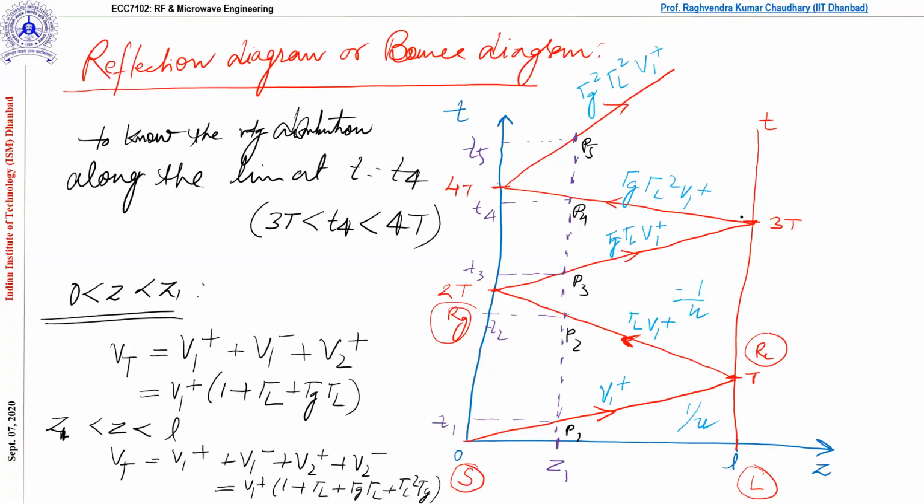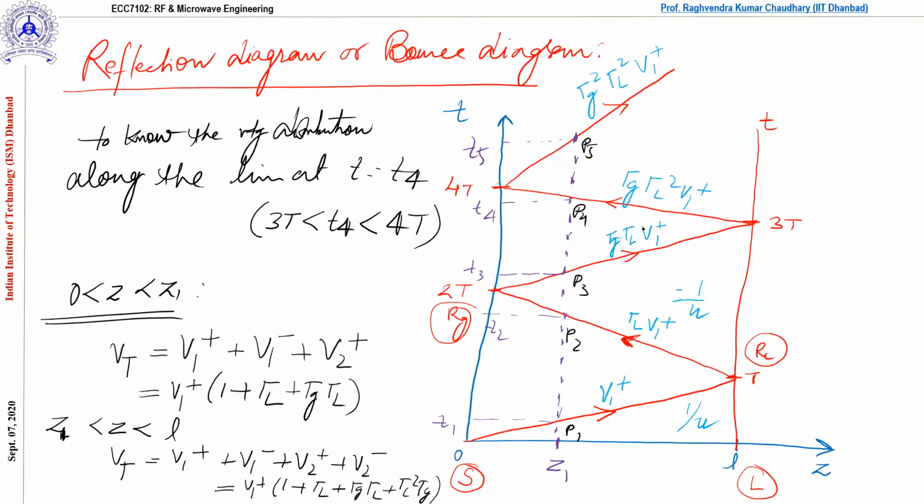Because when it gets reflected from 3T, we are just considering time T4. Up to T4 it reaches here, meaning between 0 to Z1 only three waves we have to consider, whereas between Z1 to L, these things V1 plus, then these things, then gamma G gamma L V1 plus, and this whole thing we have to consider, because below T4 these things will be coming.